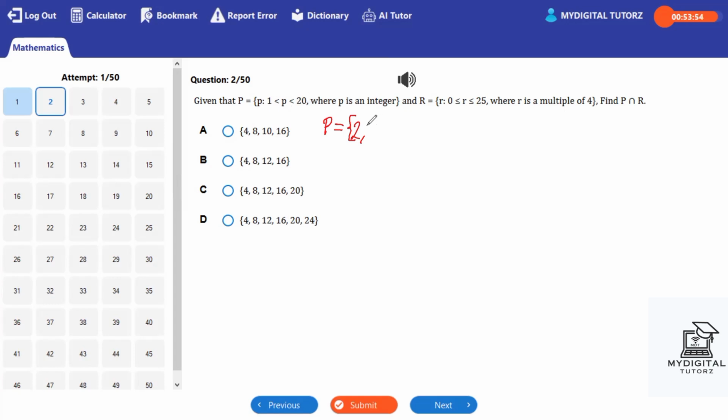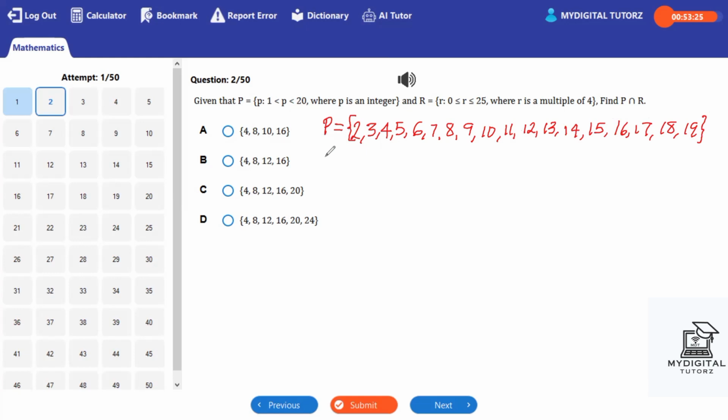So 2, 3, 4, 5, 6, 7, 8, 9, 10, 11, 12, 13, 14, 15, 16, 17, 18, 19. So we are going to stop at 19 because it is less than 20.